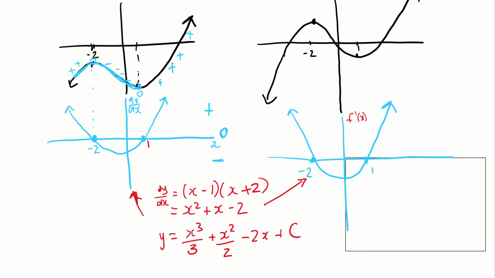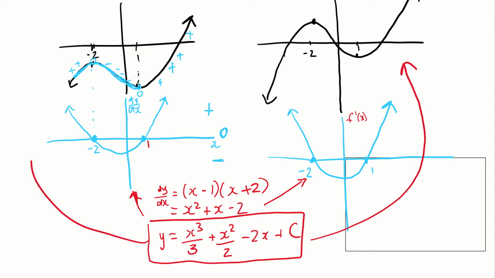Now, notice if I start with my derivative and now I integrate, I get this, which is both of these original graphs here, because the plus c is just shifting it up and down, okay? So depending on what c is depends on what the original graph is, whether it might be the first graph or the second graph, which then leads me into my next point here.